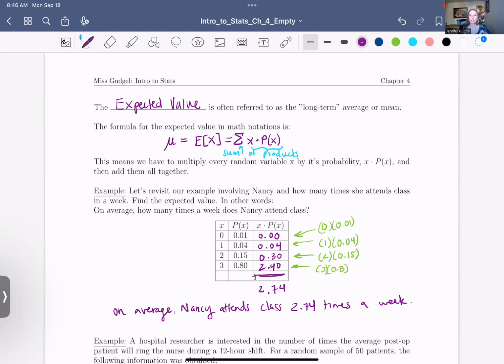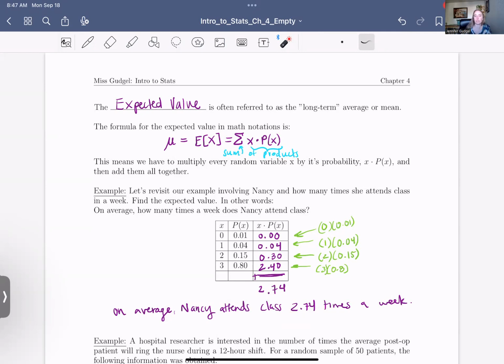Here you could say she attends class between 2 and 3 times a week, because she can't attend 2.74 times exactly. This is an average. She probably attends 3 more often than she attends 2 because 2.74 is closer to 3. But this is a fine summary as well because you see that information here. You see she was closer to 3 than she was to 2.